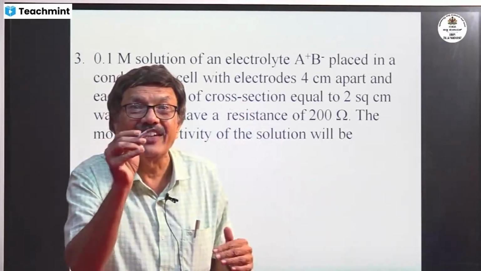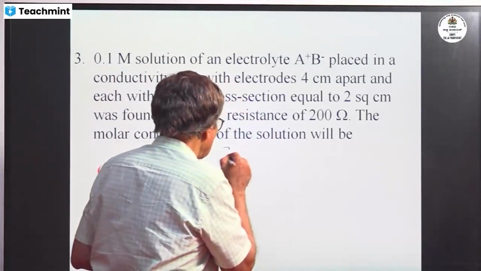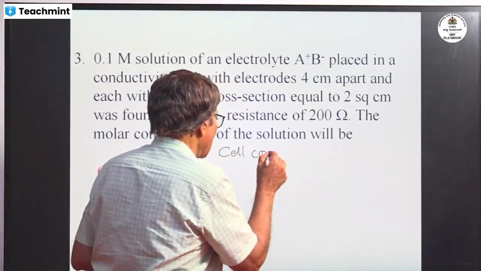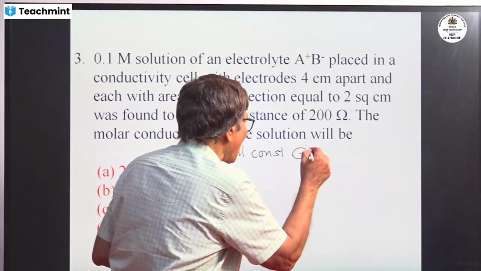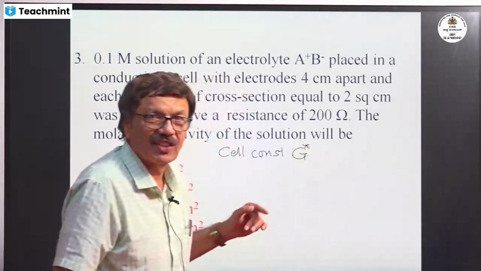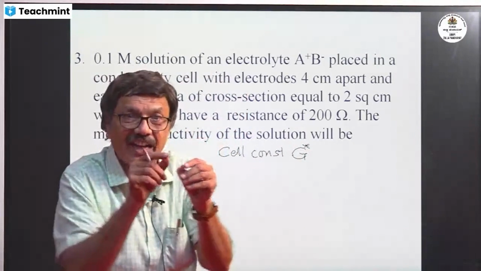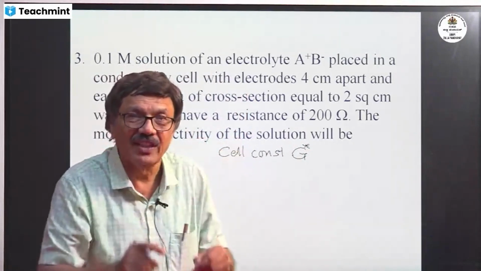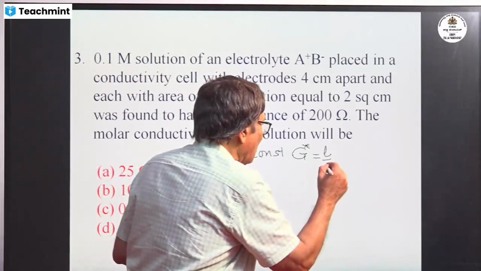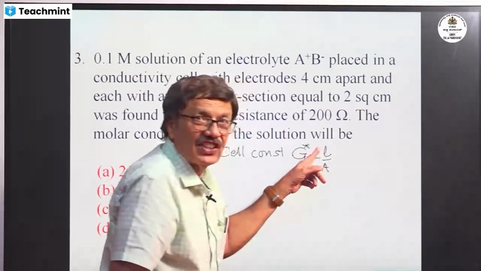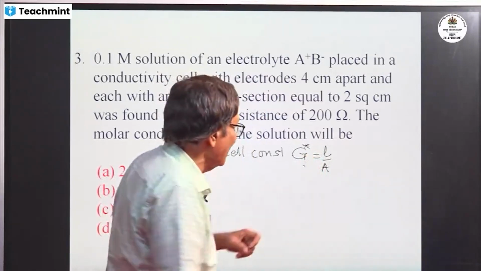Every conductivity cell has a cell constant, represented by G star. So when the area of the electrode and the distance of separation are given, the cell constant is L by A. This is the distance of separation divided by the area of cross section of each electrode.